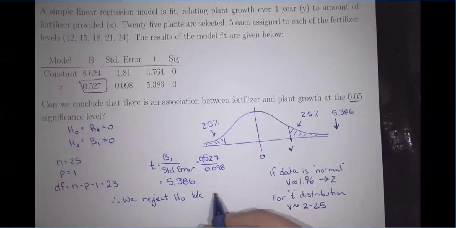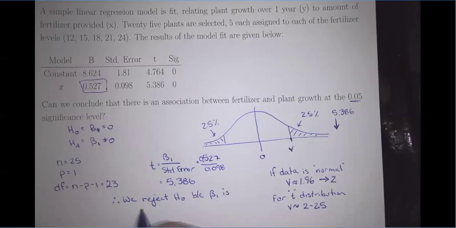So we reject H naught because beta 1 is about 5.4 standard errors away from 0.